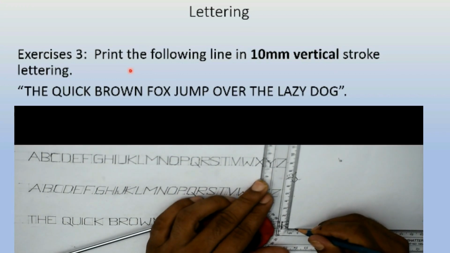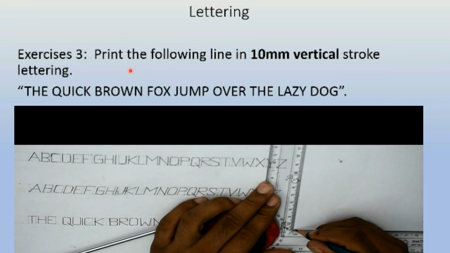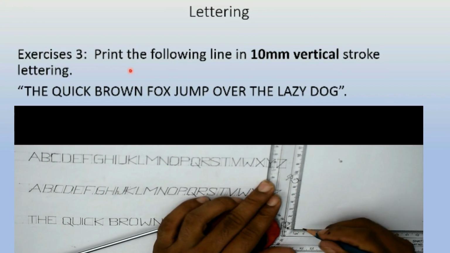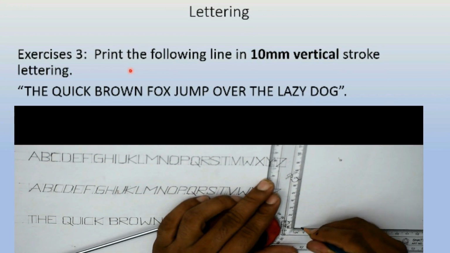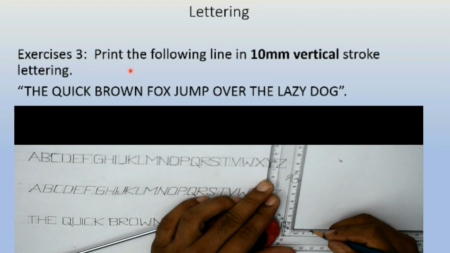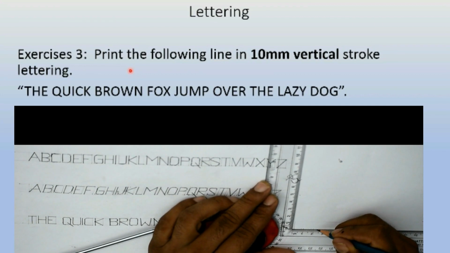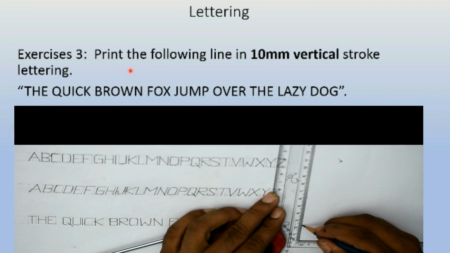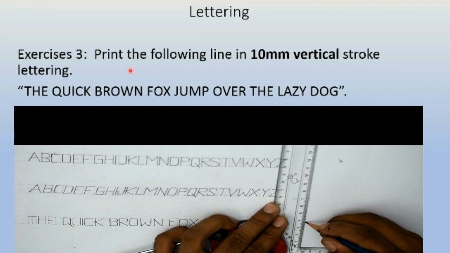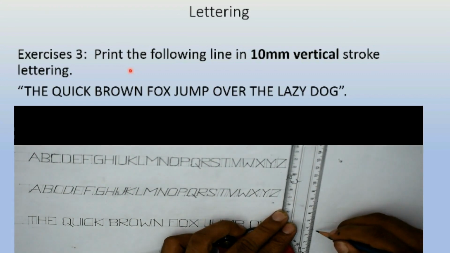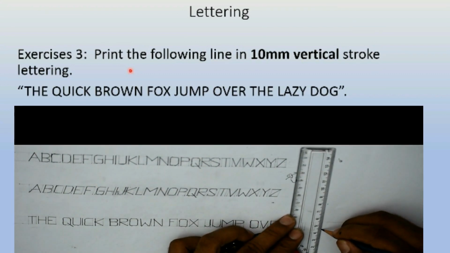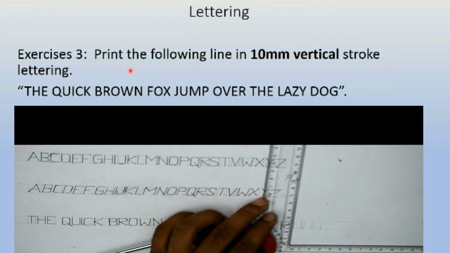So I will take 6 mm gap because the word has changed. Again for the, 7 mm, 2 mm, again 7 mm, 2 mm, 7 mm. So this is for T, this is for H, this is for E.